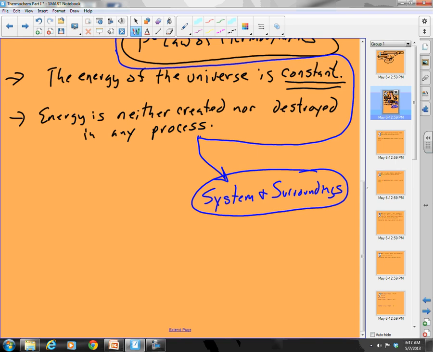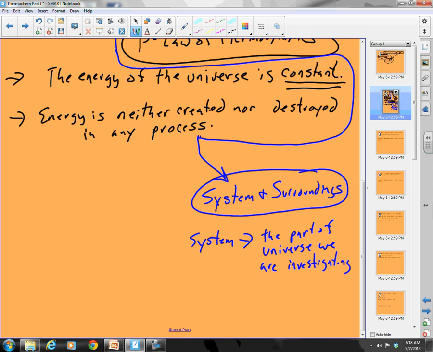You need a point of reference. So in chemistry and also in physics, we talk about the system and the surroundings. And what is the system? The system is quite simply the part of the universe we are investigating.